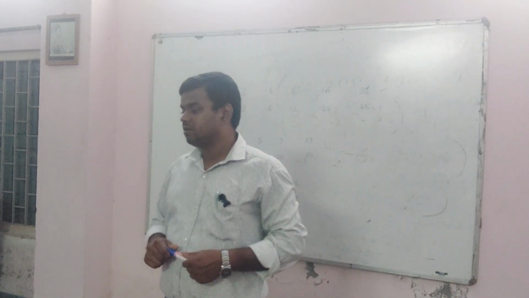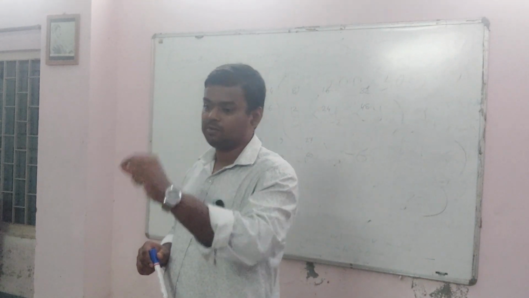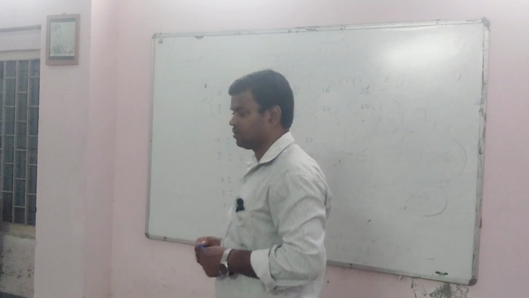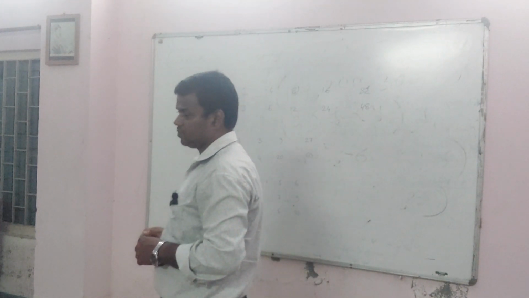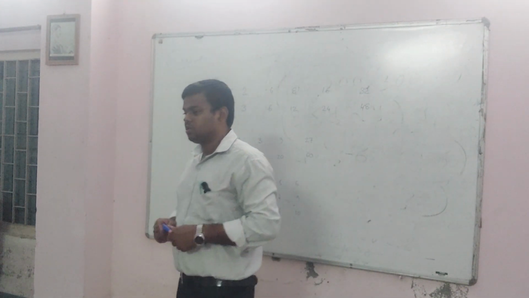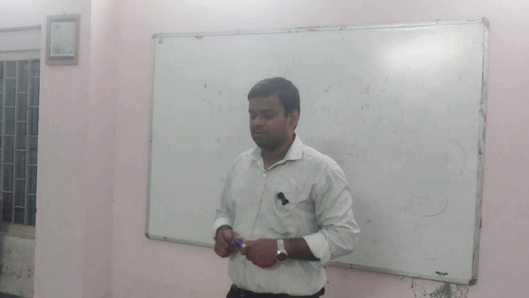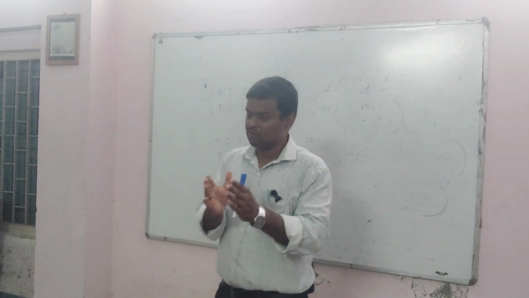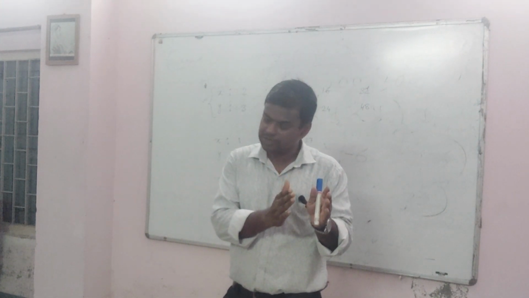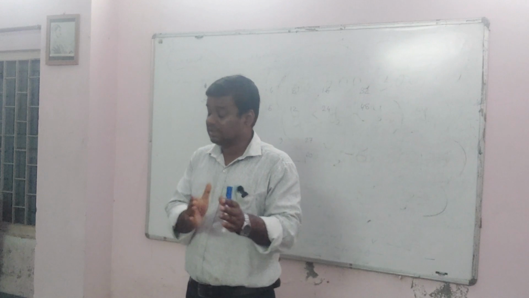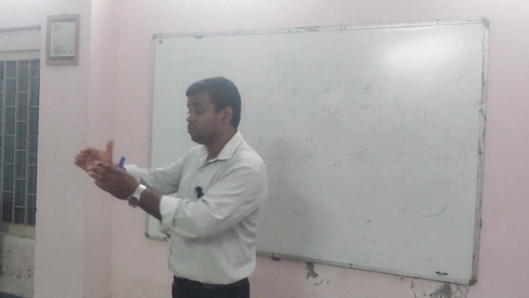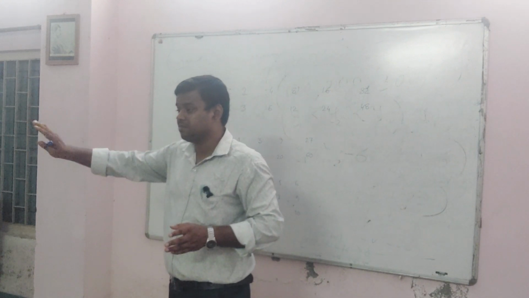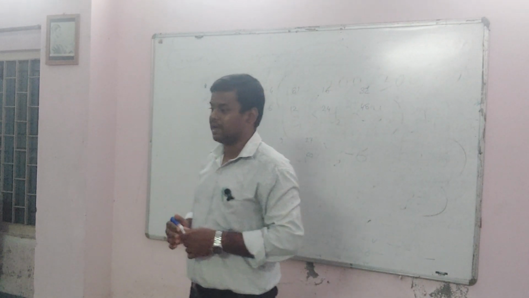And finally, another type of correlation is partial correlation. Partial correlation means when the value of one variable changes, then the value of another variable will also change, but other variables have not any significant impact.